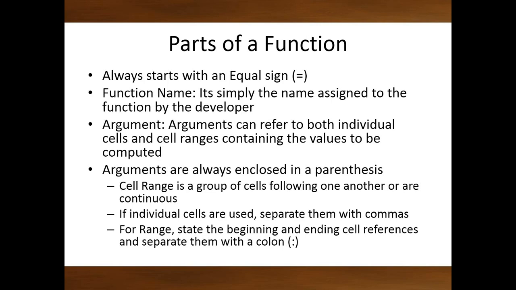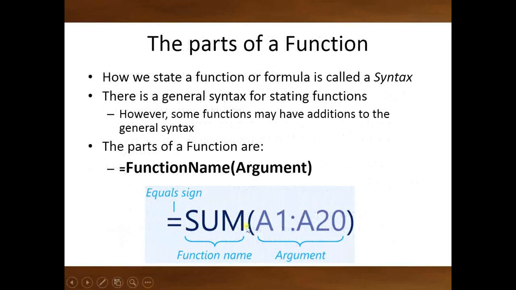For cell range, you don't need to state the individual cells. What you do is you state the beginning and ending cell references and separate them with a colon. So as you can see here, this argument is a cell range.